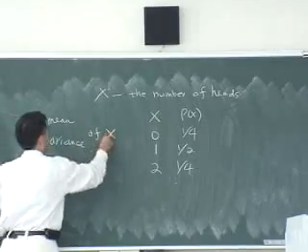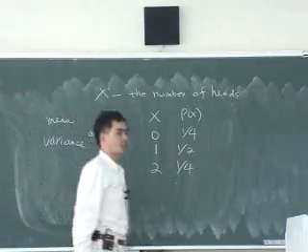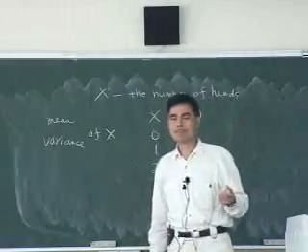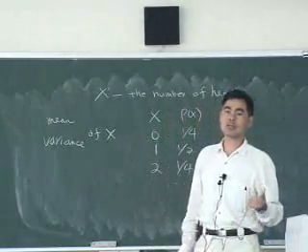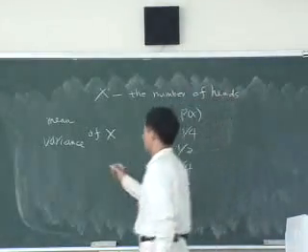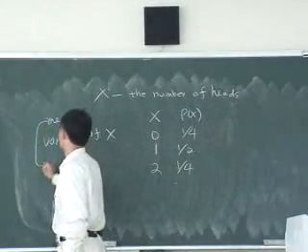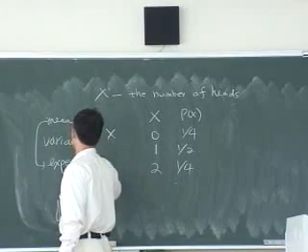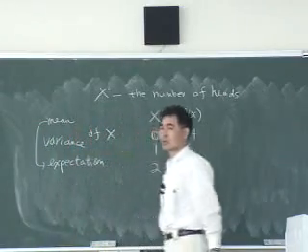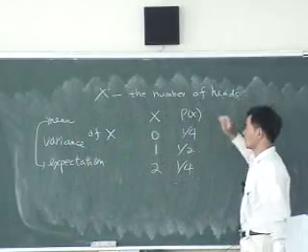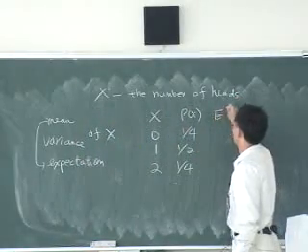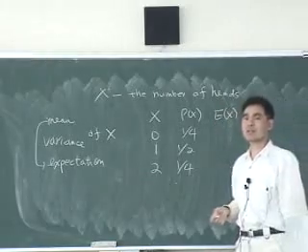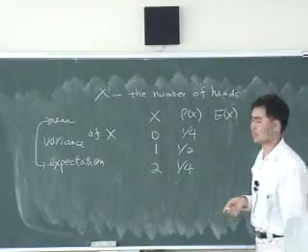In this case, because we are talking about probability and random variables, what we call it is expectation. In terms of notation, we have expectation of X. What is expectation of X equal to?